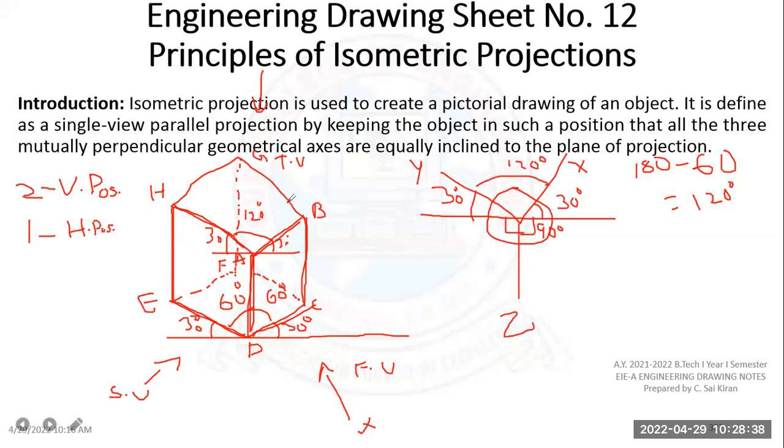Okay. So if you look at here, this line and this line, 2, 3 and 4, these lines are parallel to each other and have same dimension. And if you see these lines, this 30 degrees, 2 and 3, these are same angle and same dimension.